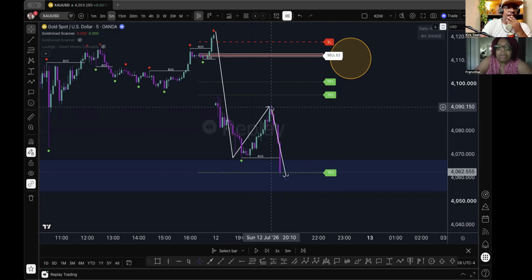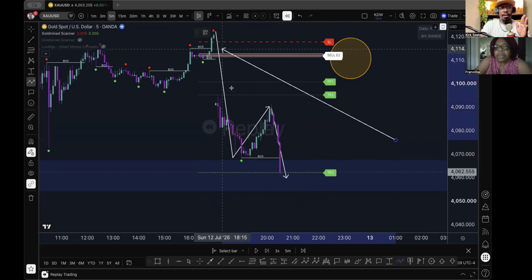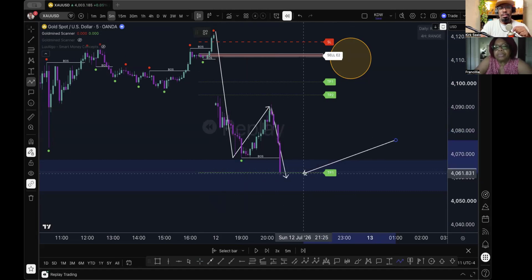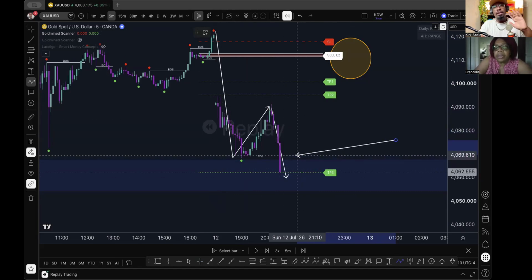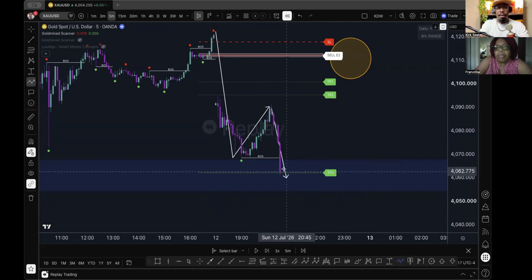So it continued to go down. This movement is the same pattern that I was showing you before. We got A, B, C, D. If this is going to continue going down, here's what's going to happen. At some point, it's going to come back up again.